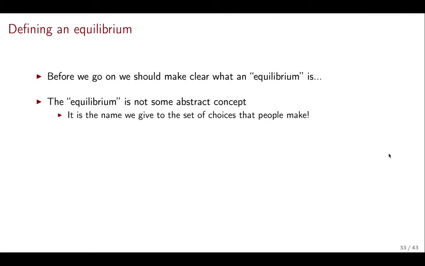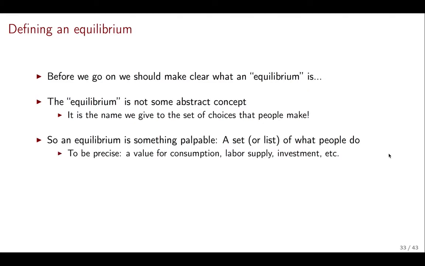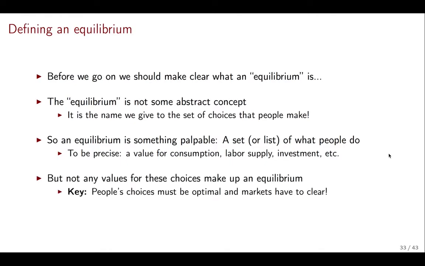Equilibrium is the word we give for what people are doing in the economy. So an equilibrium is something palpable. It's the set or list of what people do. To be precise, it's going to be a value for consumption, a value for the labor supply, a value for investment, a value for prices. That list of values is an equilibrium.